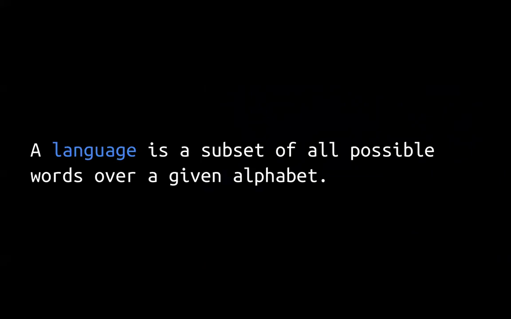So we understand a language to be the subset of all possible words over a given alphabet. So this is pretty intuitive. We all know at least one language, English, and we're learning JavaScript.